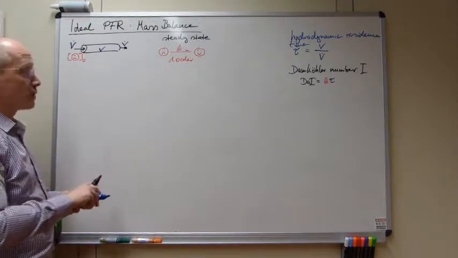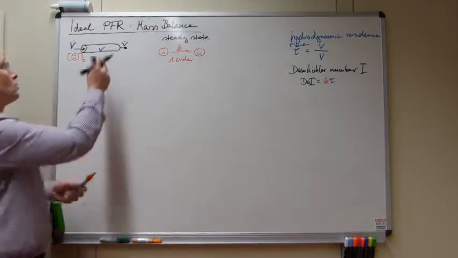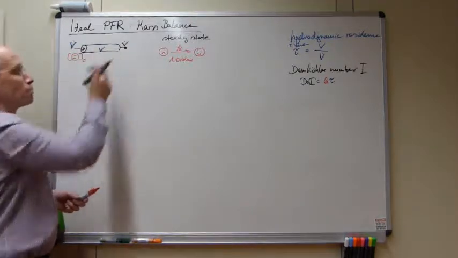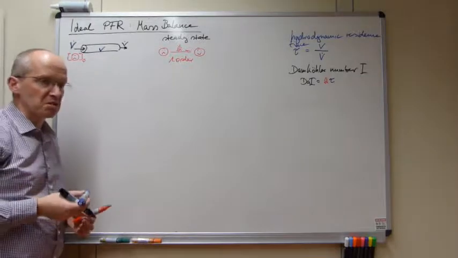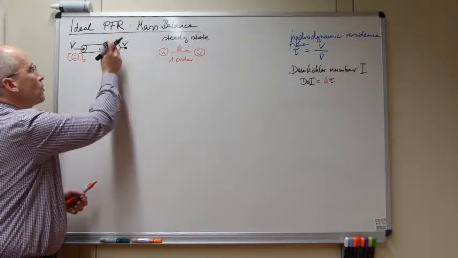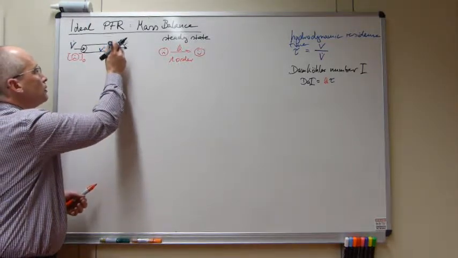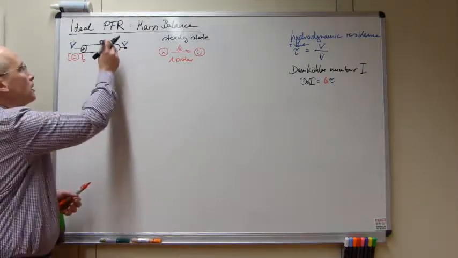We will use a special way of doing that. We will not look at the mass balance of the whole reactor, which is a bit tedious to do, because first we will be looking at a volume element in here.